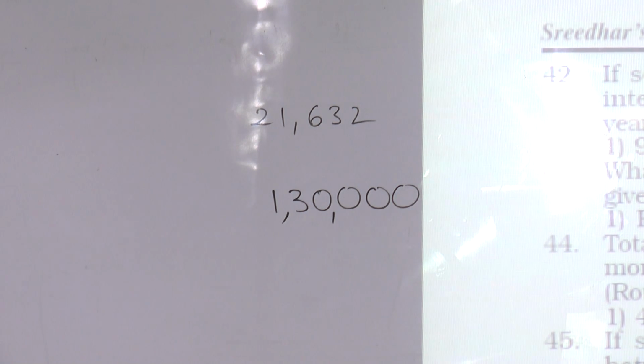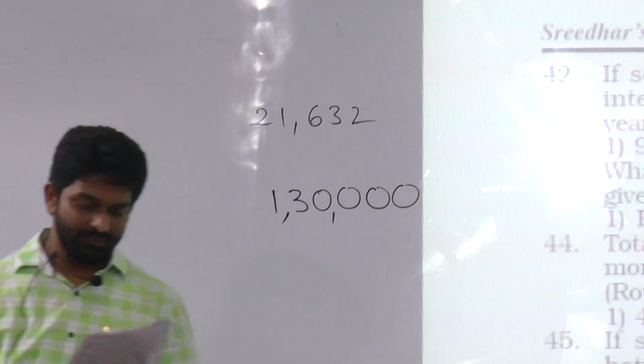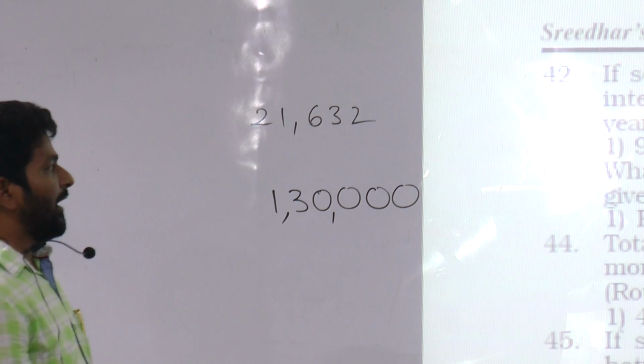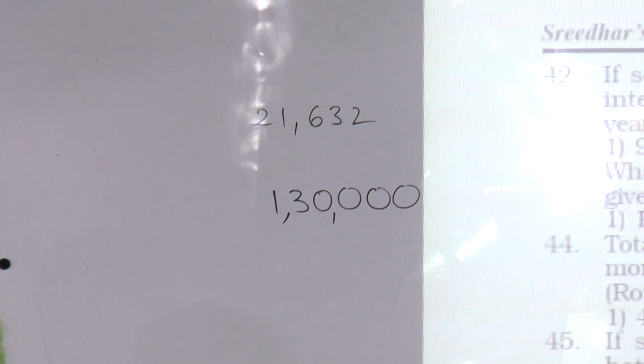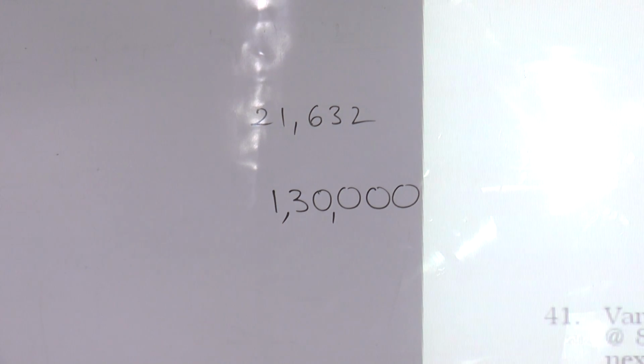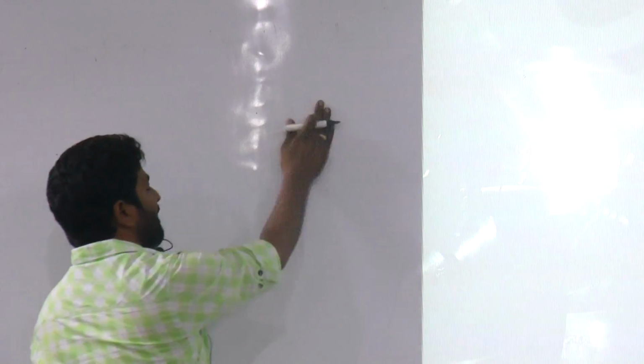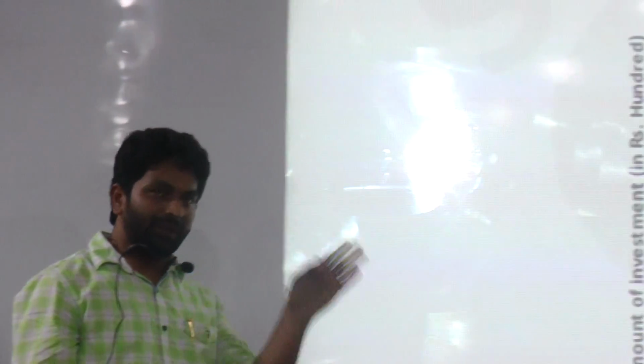Next, 43. What is the difference between the average amount invested by Gaurav in all the 3 schemes and the average amount invested by Varun in all the given schemes together? You're asked about the average difference. So traditionally, if you want to solve it, first you need to calculate the average of Gaurav, the average of Varun, and then take the difference.